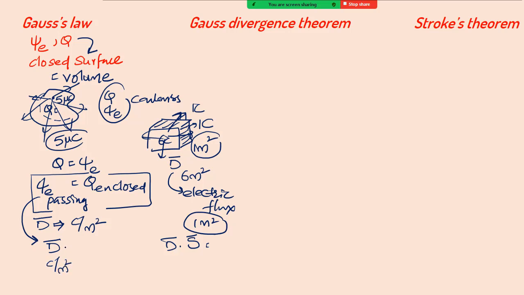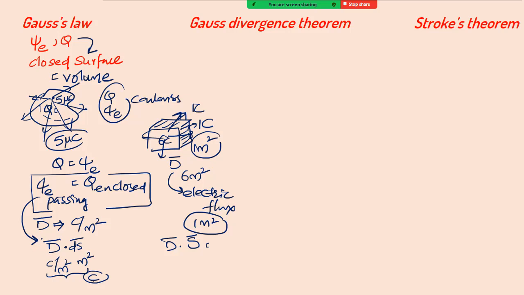So when you multiply with the differential area, it will give coulombs, because the differential area is also measured in meter square. So meter square will be cancelled, which means this product is actually giving the electric flux only, in coulombs. But it is not the complete electric flux which is passing through the total closed surface.